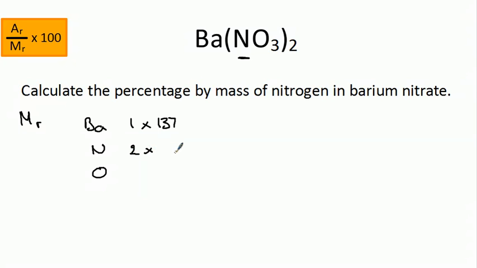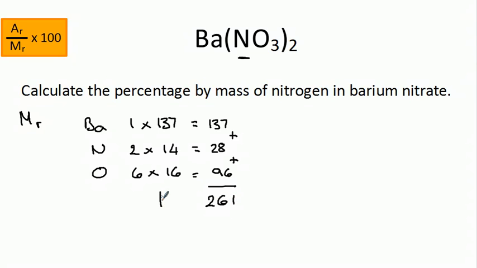Nitrogen, there's 2 of those, and there's 14. And I've got 6 oxygens, and there's 16. That gives 137, 28, and 96. We add those up and it comes to 261.